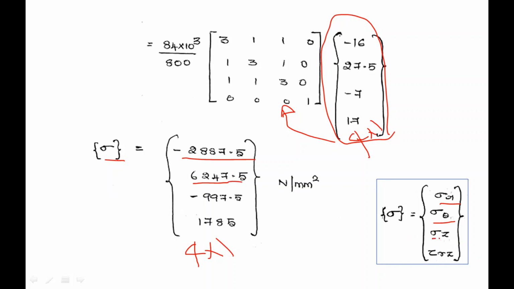Then sigma z, minus 997.5 Newton per millimeter square, and the shear stress, 1785 Newton per millimeter square. 1 Newton per millimeter square is equal to 1 megapascal, that you have to write down. The type 1 problem is very easy for solving this axisymmetry condition. We can multiply the matrices without using the calculator. Now we will do the type 2 problem, that also we will see in this part.